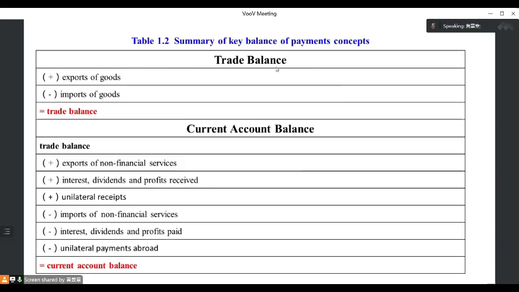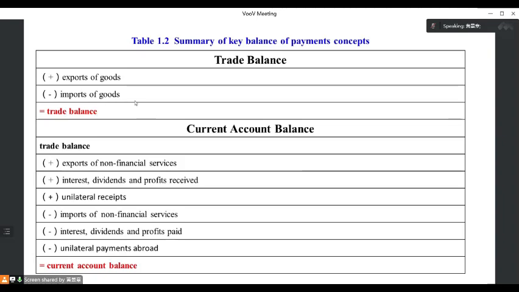Let's see trade balance. Trade balance has two items: exports of goods and imports of goods.